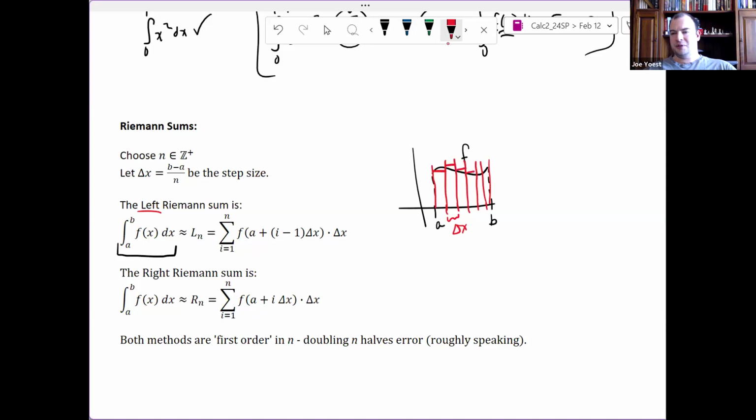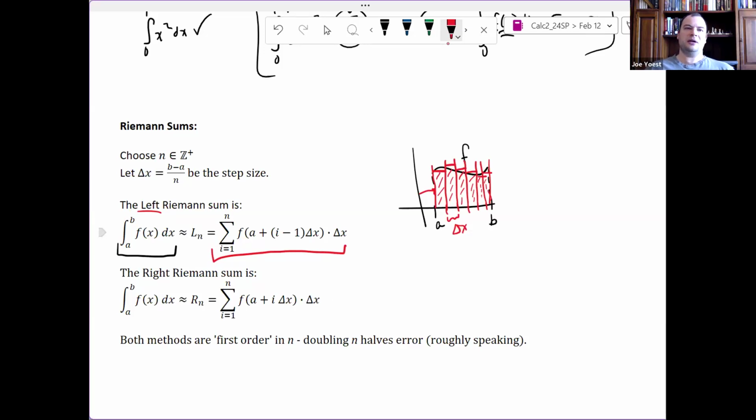I'm going through this a little quickly because I think this is familiar from Calc 1. I know that integral a to b of f of x dx represents the signed area under the curve, and I can approximate that by getting the signed area of each of these boxes and adding them together. This would be the formula for that.